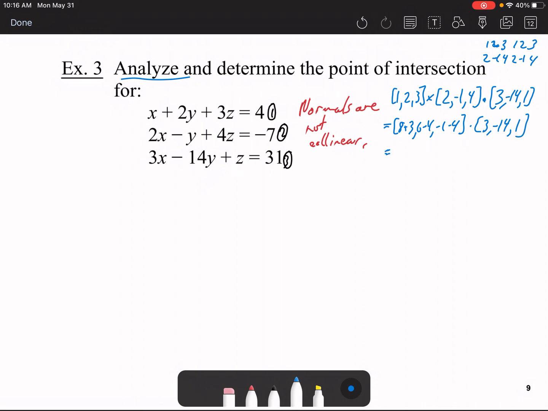Okay. So this does equal 0. So the normals are coplanar.